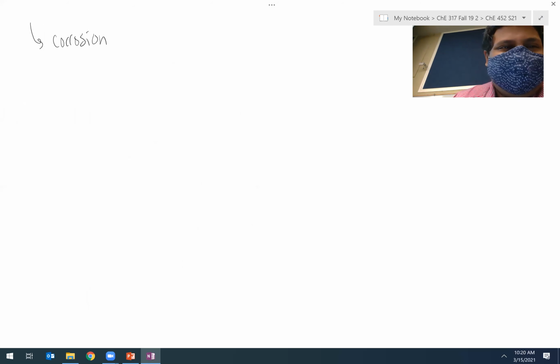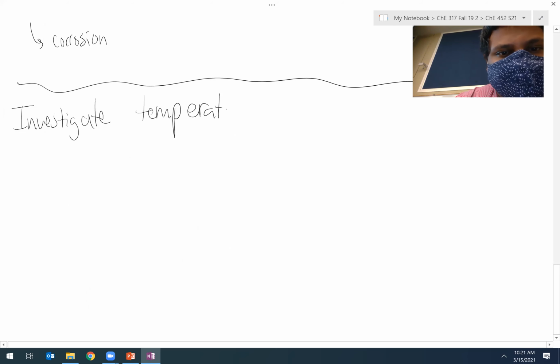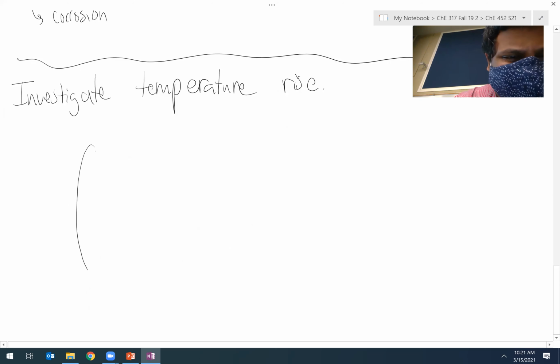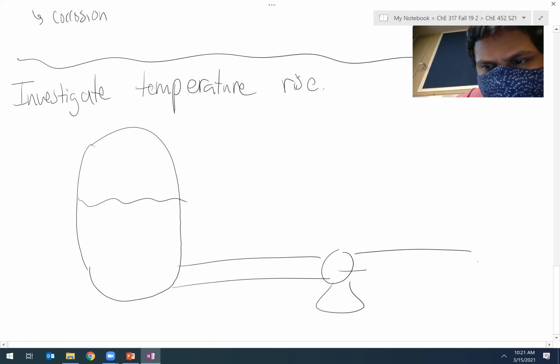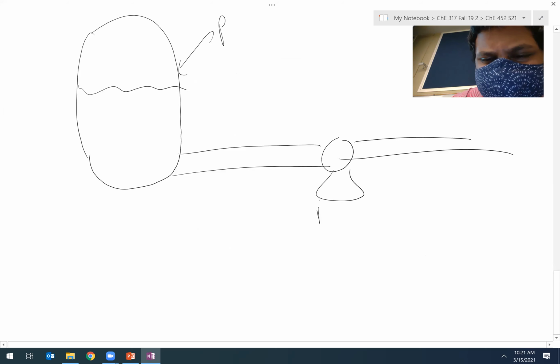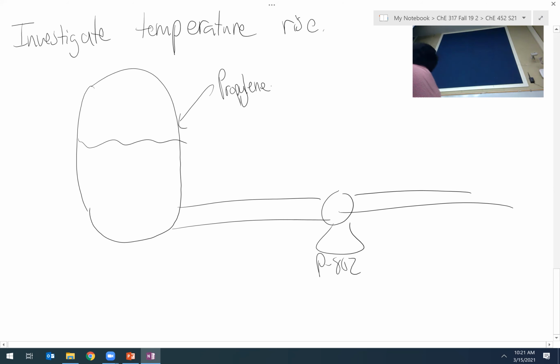And so if I was going to investigate this, I would look at that system and I would find P802 is running from a propylene storage tank into our facility.